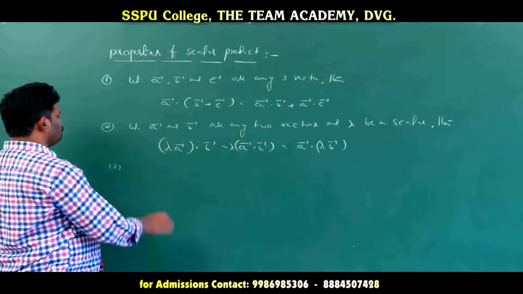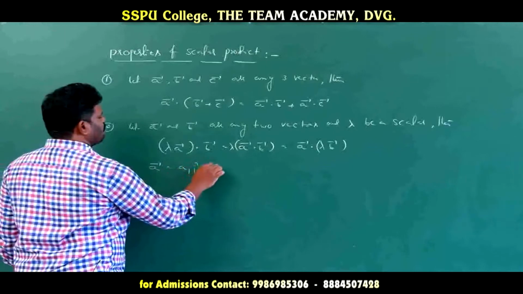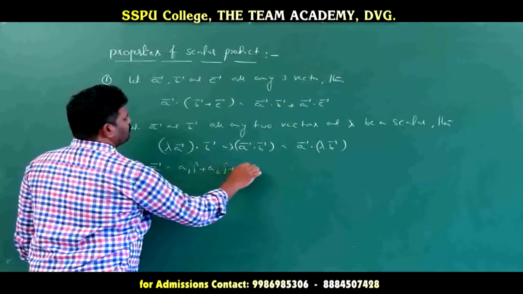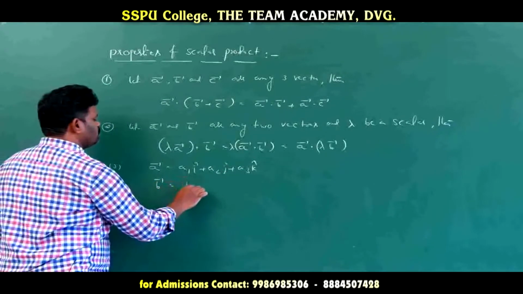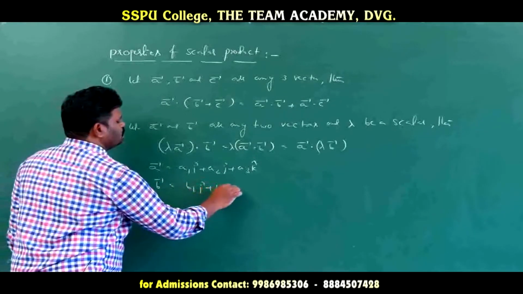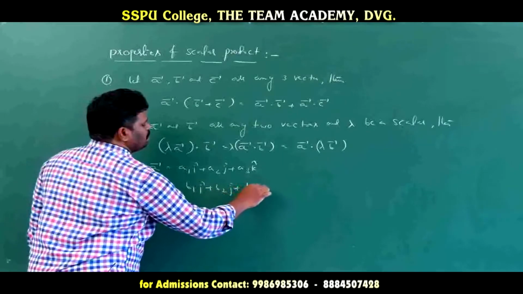Now if we take two vectors in component form, a bar is equal to a1 i cap plus a2 j cap plus a3 k cap, and b vector is equal to b1 i cap plus b2 j cap plus b3 k cap.